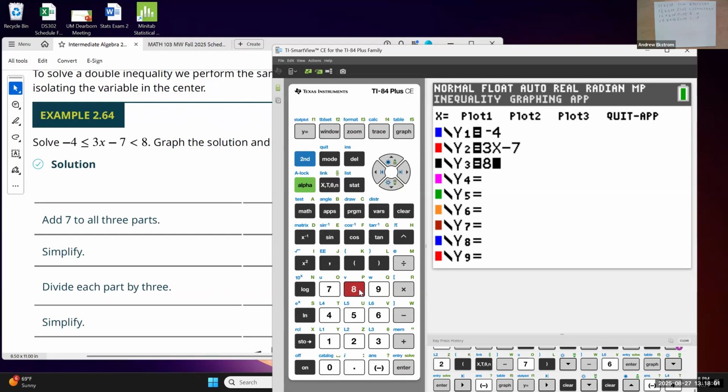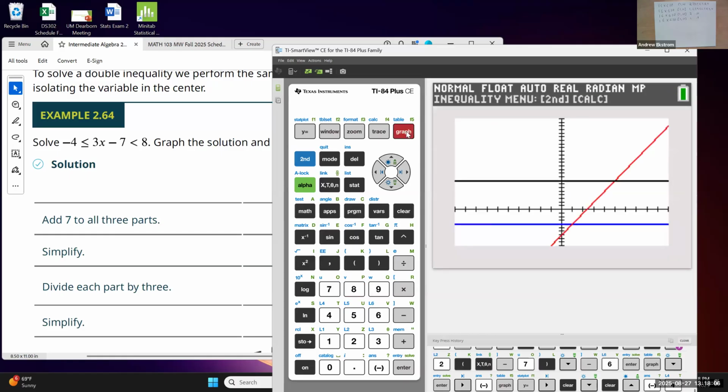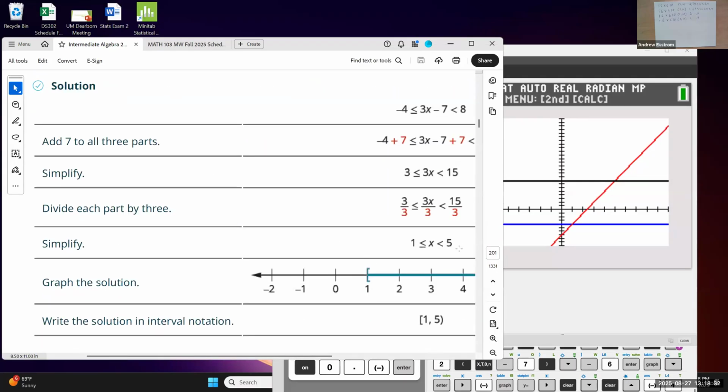Then the next one is going to be 8. And then graph that. So we're looking at where the red line is between the blue line and black line. That looks like it's out 1, 2, 3, 4, so it looks like it's about 5, right? According to the book, we get that one in the 5.